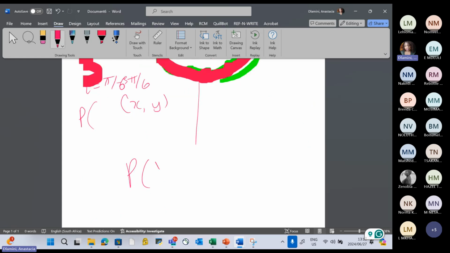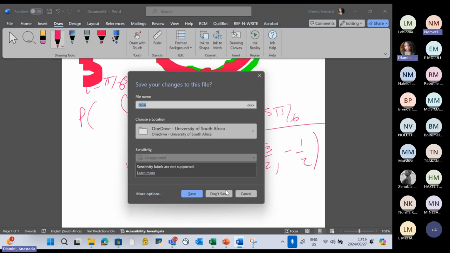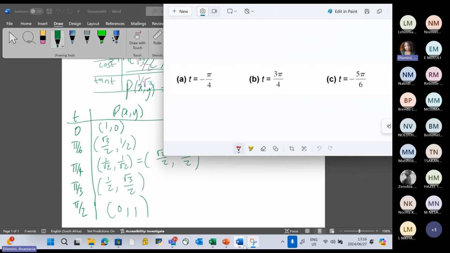It was root 3 over 2 and 1 over 2. So for t equals negative 5 pi over 6, our terminal point will be negative root 3 over 2 and negative 1 over 2. Are we all together? Yes, ma'am. Sorry about the movements of the highlighter.